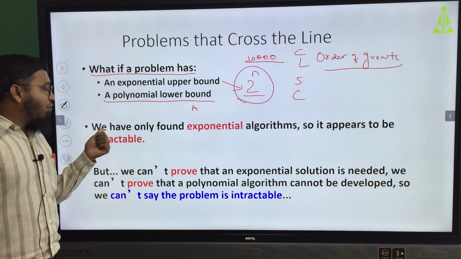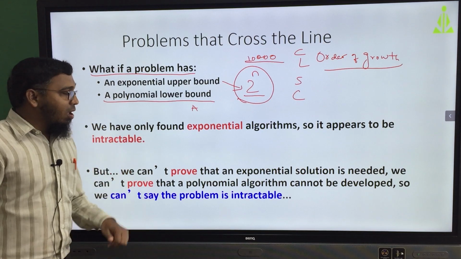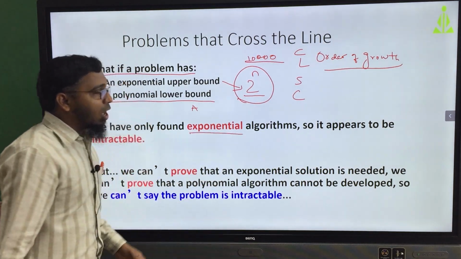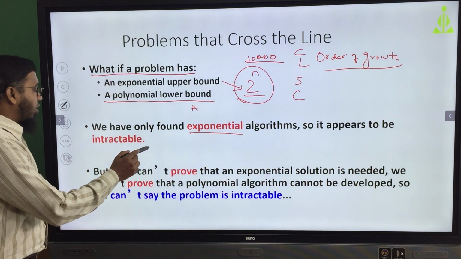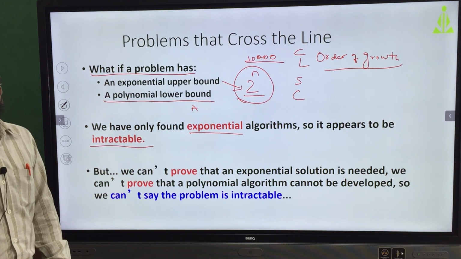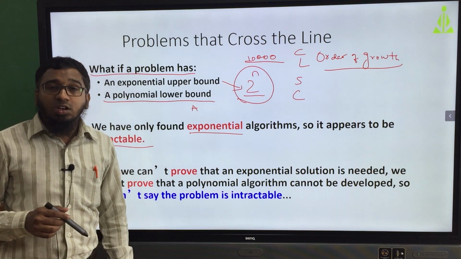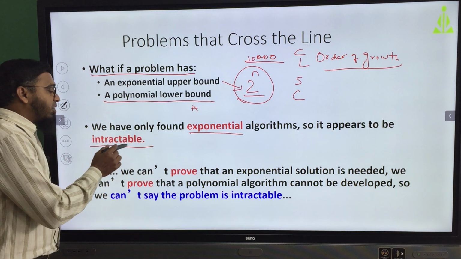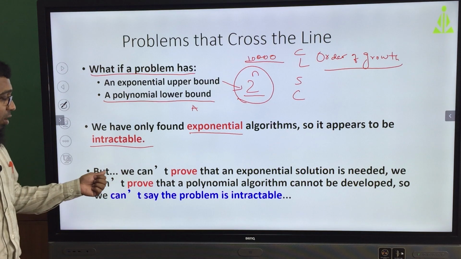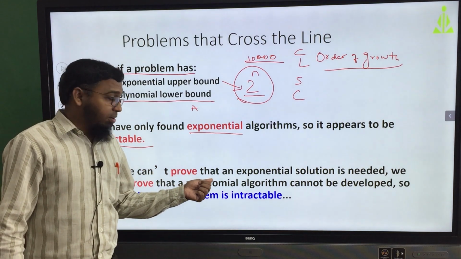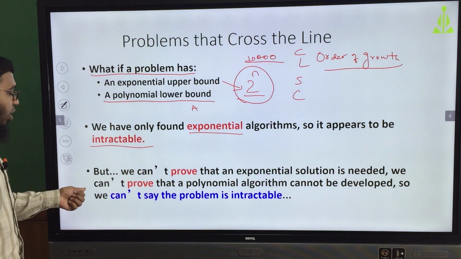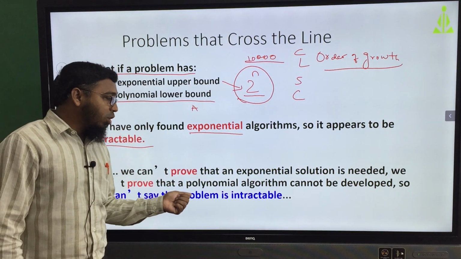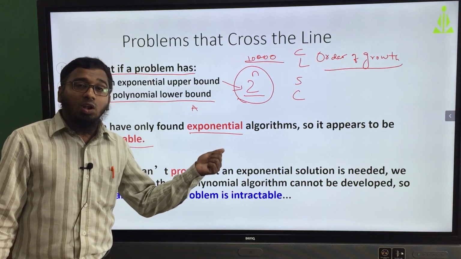Fine. We have only found an exponential algorithm, so it appears to be intractable, but we can't prove that an exponential solution is needed. We can't prove that a polynomial algorithm cannot be developed.